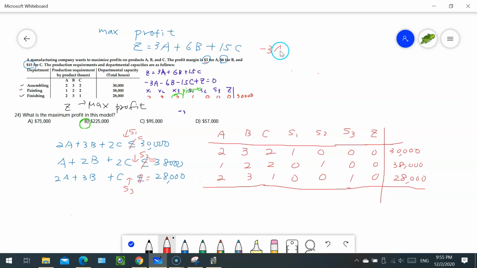So when I rewrite it, I will get negative 3A minus 6B minus 15C plus Z is equal to 0. So we fill in the numbers here: negative 3, negative 6, negative 15, 0, 0, 0, 1, and 0.